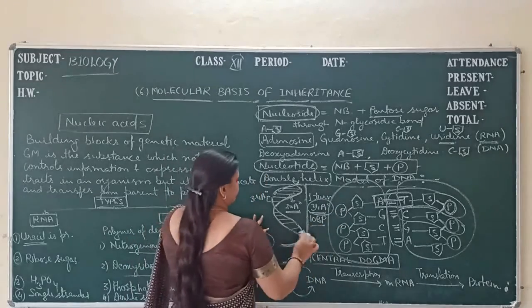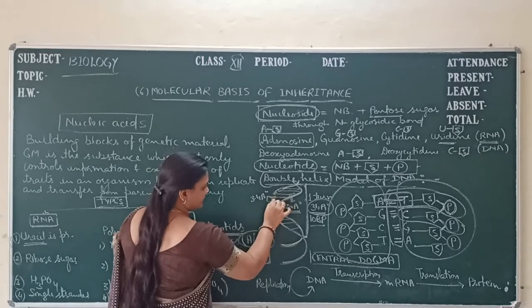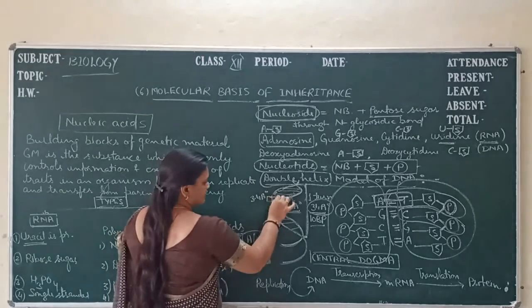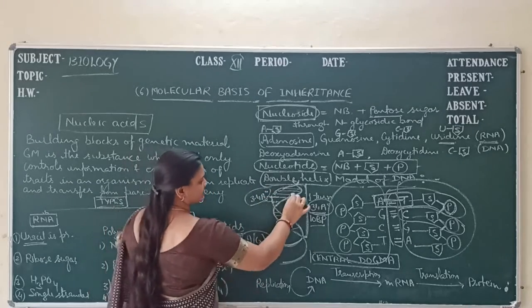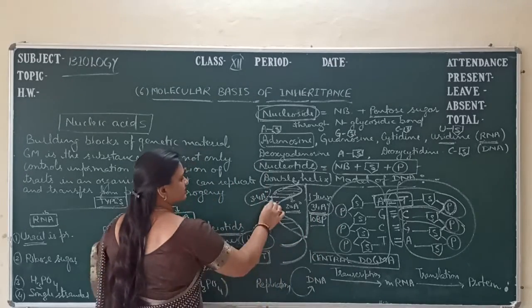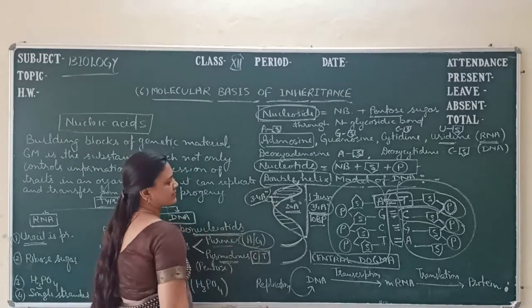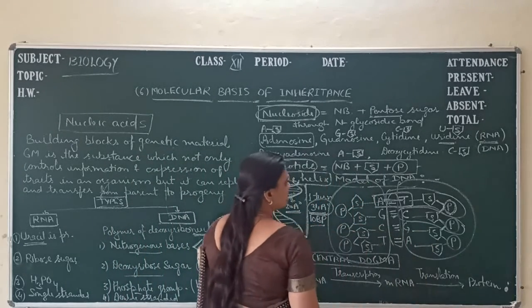So the distance from one base pair to the next is 3.4 angstrom, because 10 base pairs span 34 angstrom. Clear? So this is the structure of DNA.